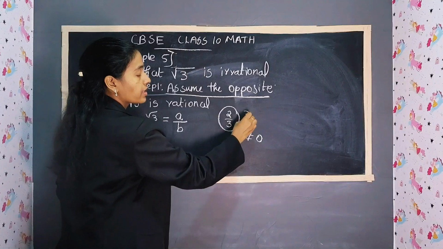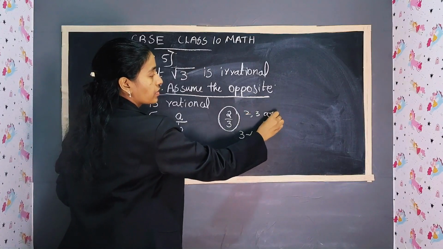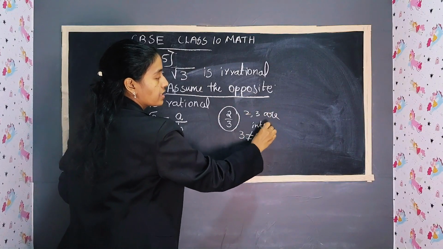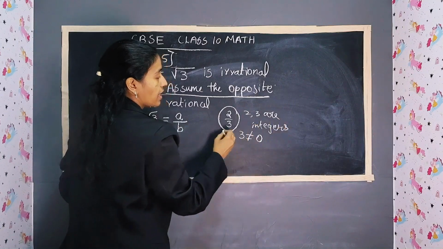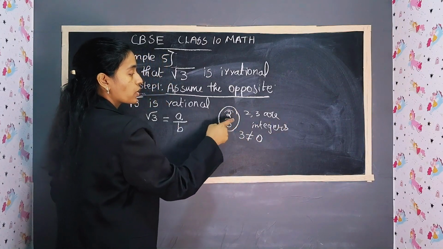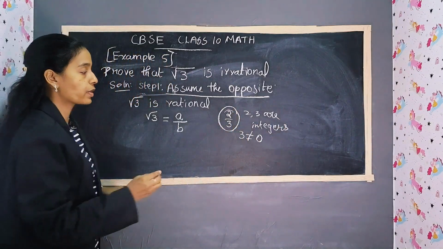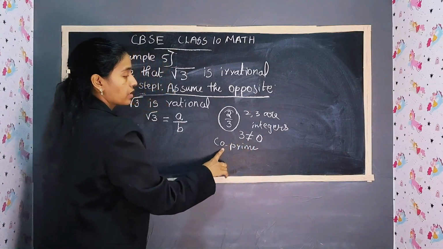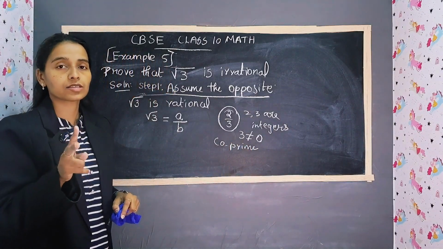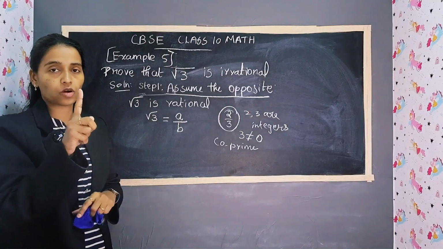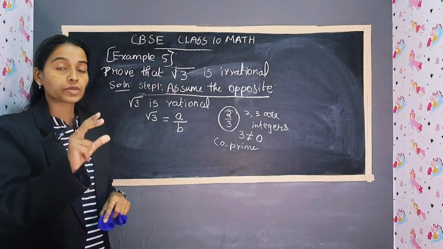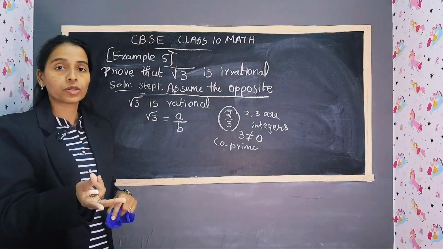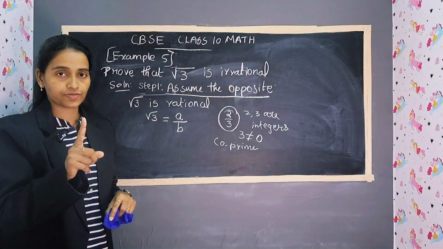And 2 and 3 are integers, and also 2 and 3 are co-prime. Co-prime means two numbers have no common factor except 1.